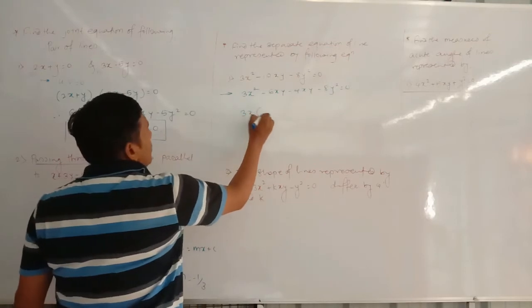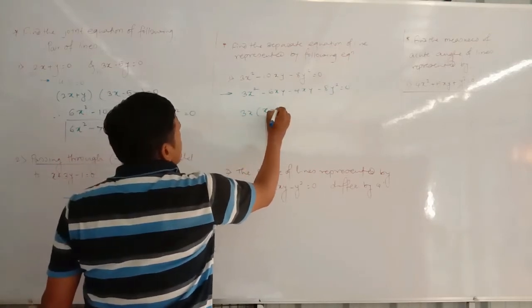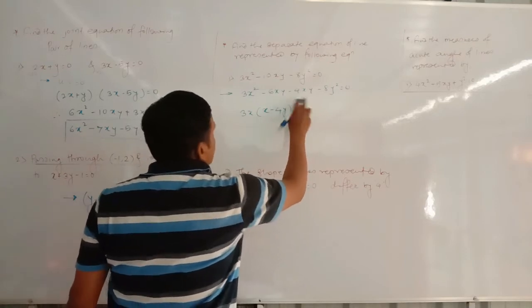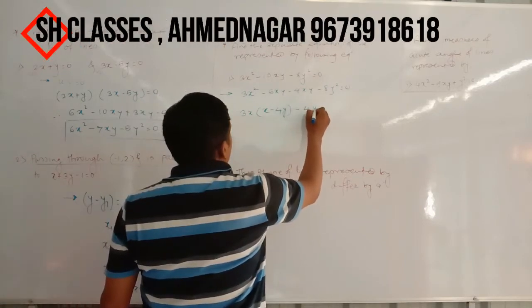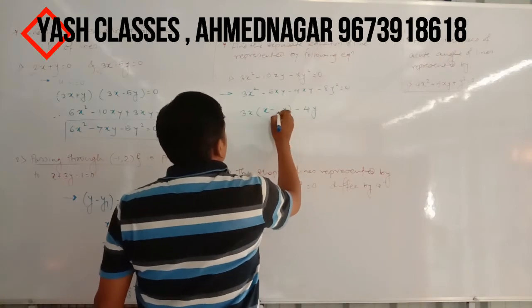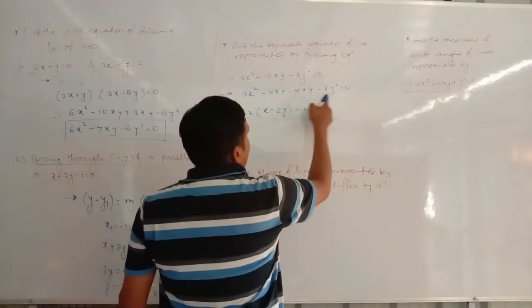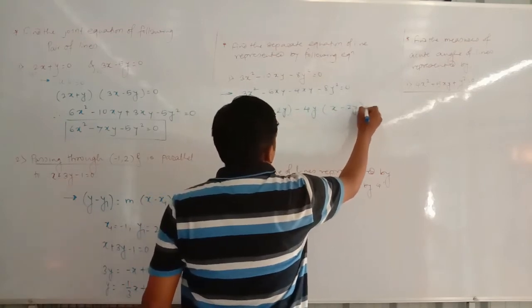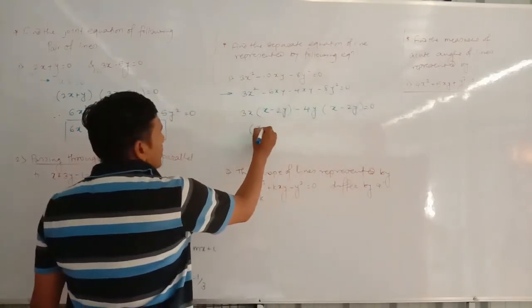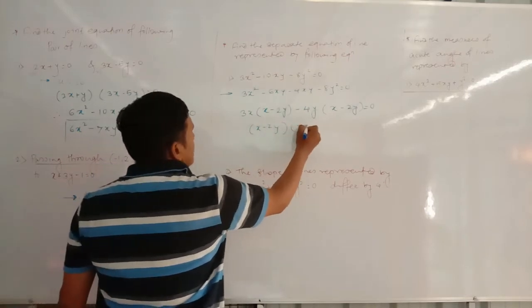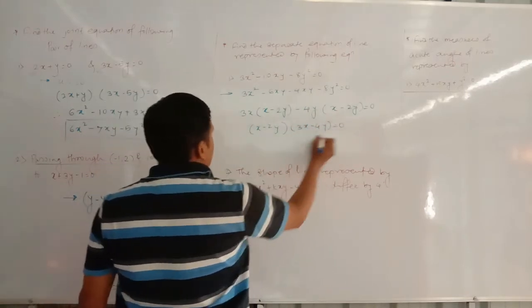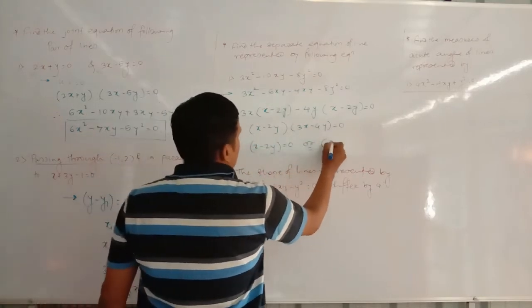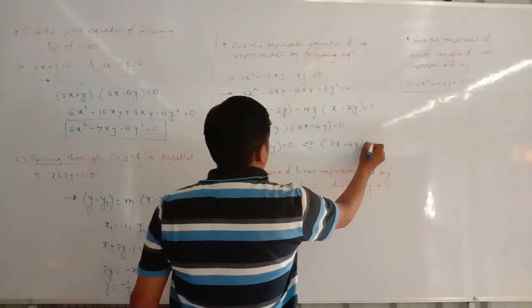So 3x is common, x minus 2y, and taking 4y common, it is 3x minus 4y... so (x - 2y)(3x - 4y) = 0. So x - 2y = 0 or 3x - 4y = 0.